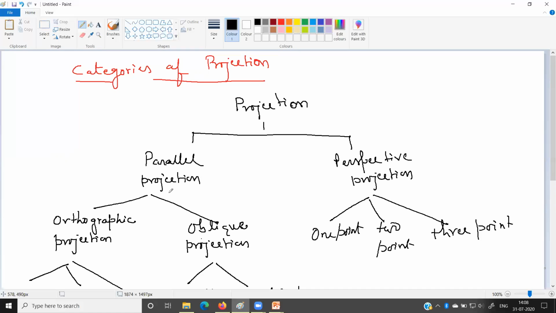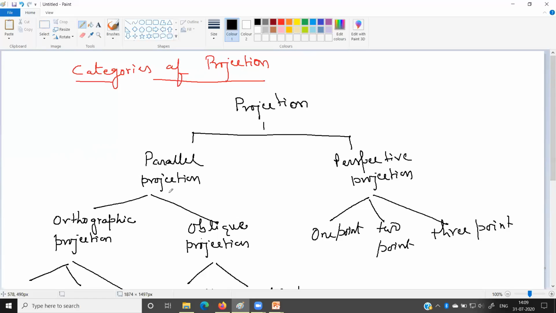But in case of perspective projection, the center of the projection is at finite distance. Now, in parallel projection, the projectors will not meet each other. They will meet at infinity. But in perspective projection, the projectors are not parallel to each other.